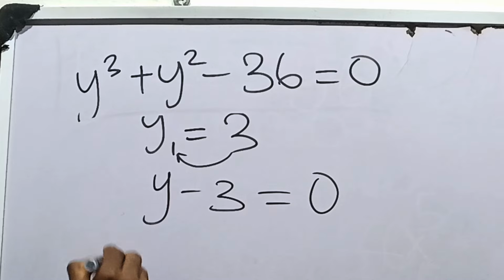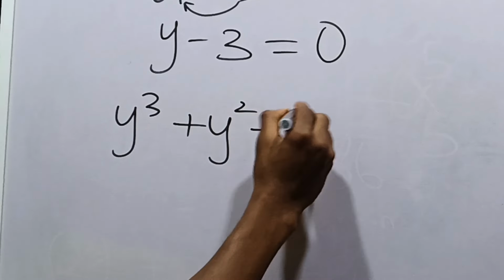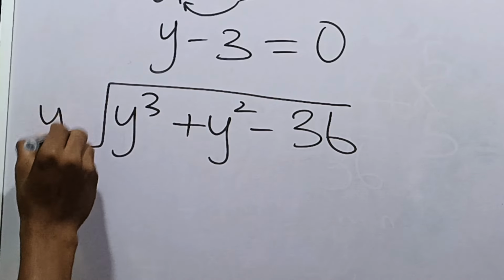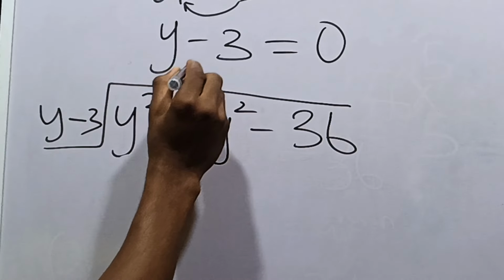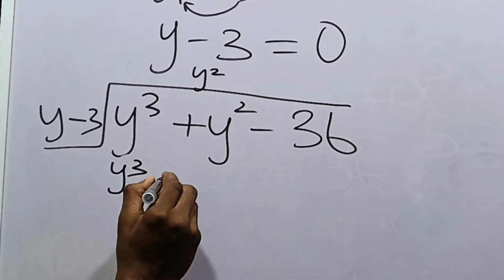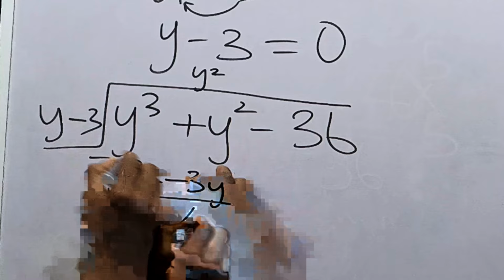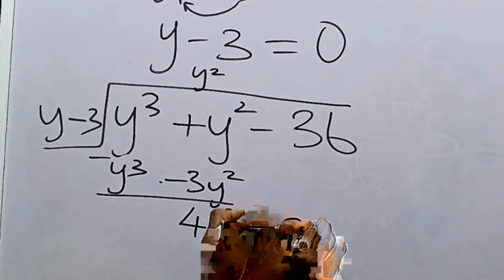So we'll have y cubed plus y squared minus 36 divided by y minus 3. Y cubed divided by y is y squared. Y squared times y is y cubed. Y squared times minus 3 is minus 3y squared. When you subtract, you have 4y squared. Okay, this is plus minus 36.